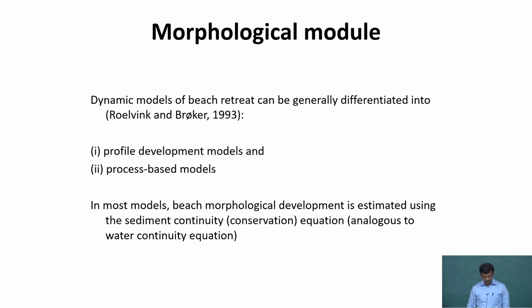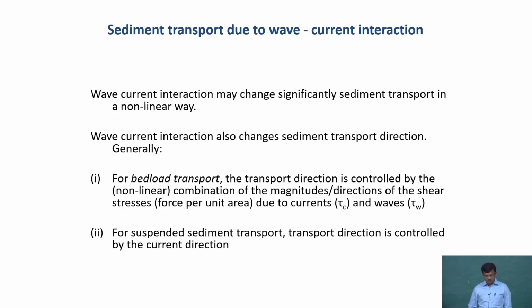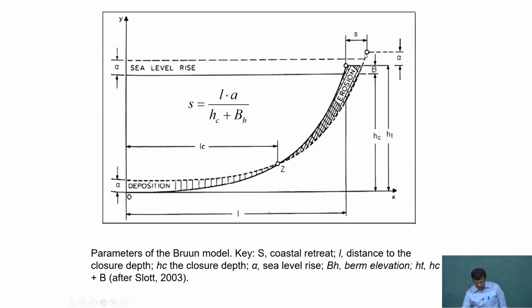Okay. Now, I will not go much into the morphological module, because again we can make a kind of empirical one. In this morphological model, the initial profile is a dotted line and the final profile is a continuous line.